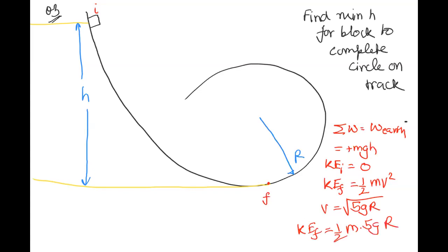हाँ तो लिखा बिल्कुल सही. Yes. So mgh is equal to 5mgr by 2. H is equal to 5R by 2.